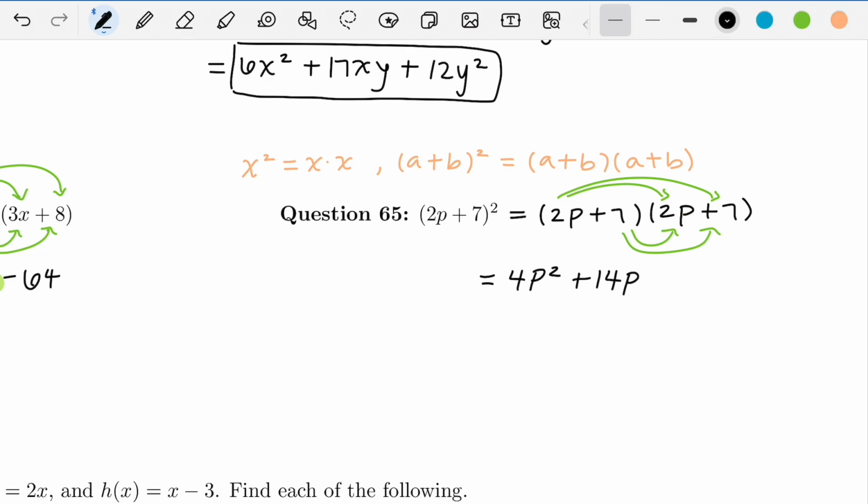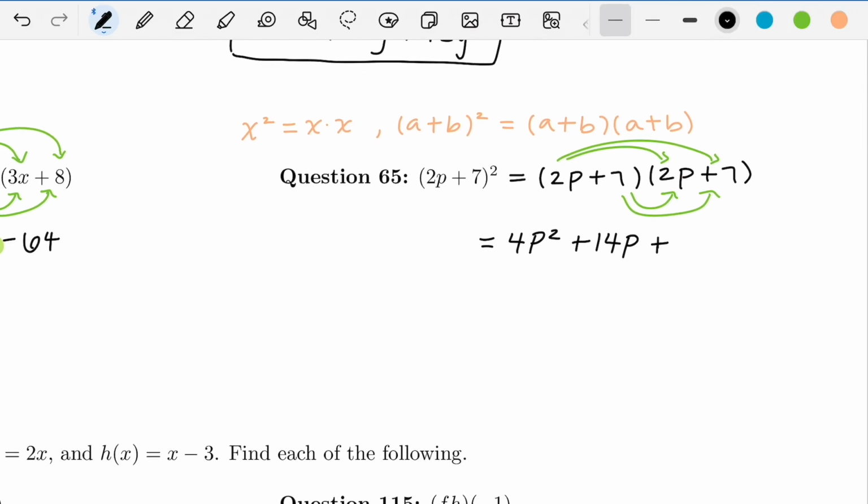So we have another 14p. And then our last term is going to be 7 times 7, so this will give us 49. So just combining like terms here, these guys are like terms. So we're going to have 4p squared plus 28p plus 49 is going to be our final answer here.